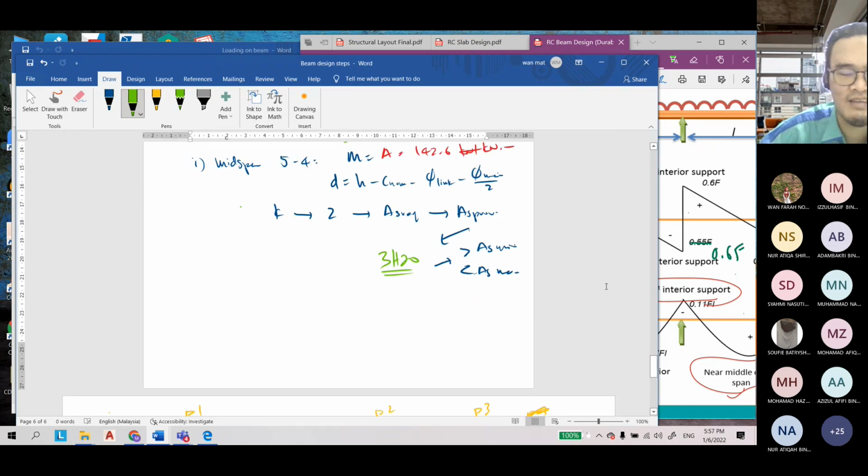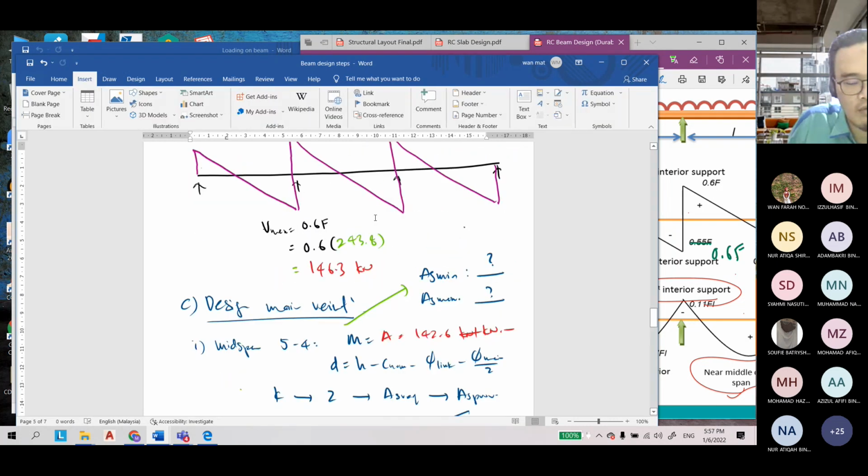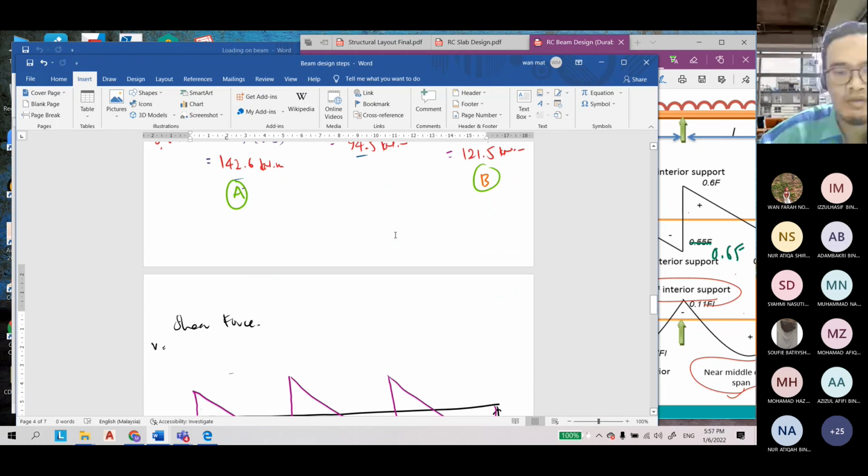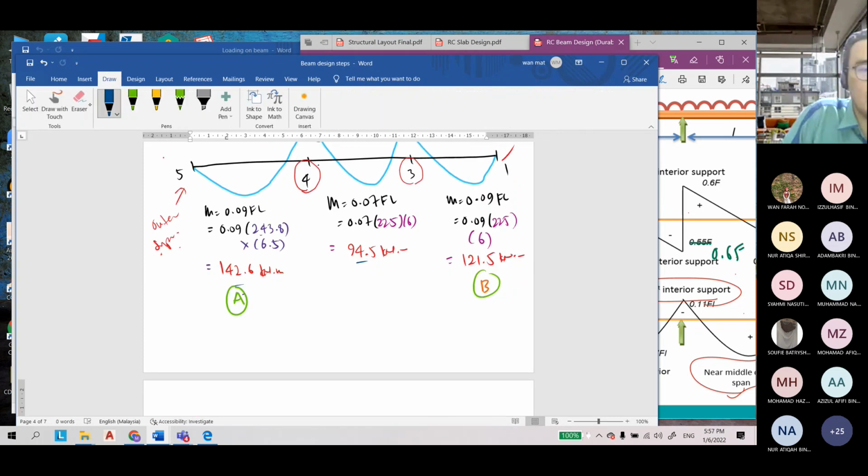Okay, I am doing a slightly long calculation. Okay, this one. And then you calculate, let's say, which mid span do you want to calculate? Sorry, your B will be here.